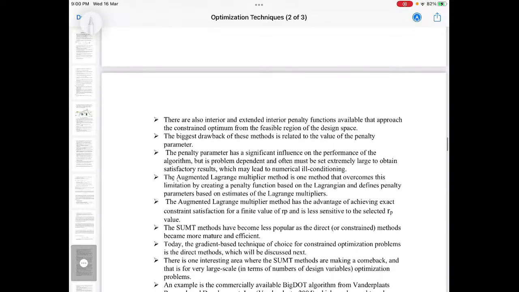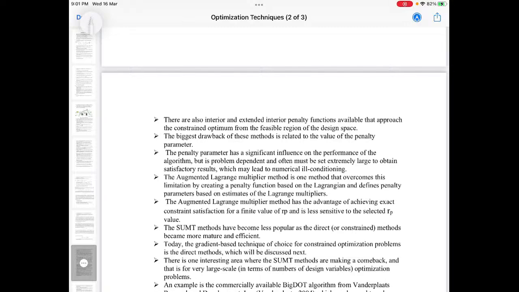The augmented Lagrange multiplier method is one of the methods that overcomes this limitation by creating a penalty function based on the Lagrangian and defining penalty parameters based on estimates of the Lagrange multipliers.